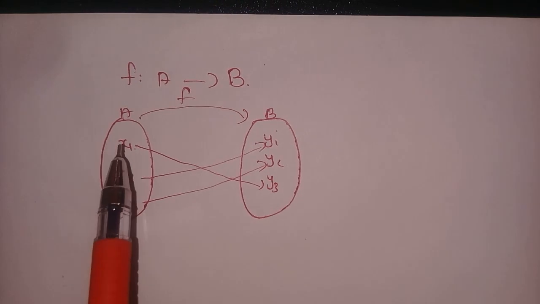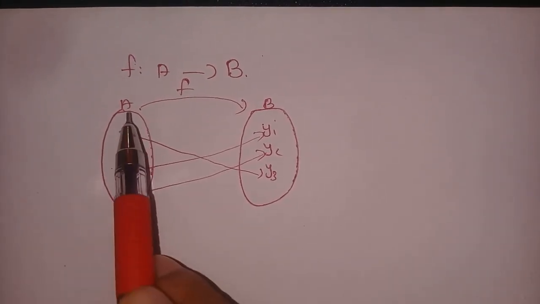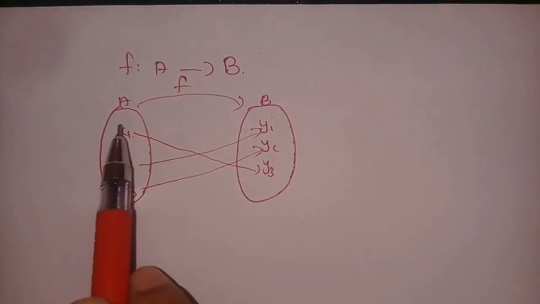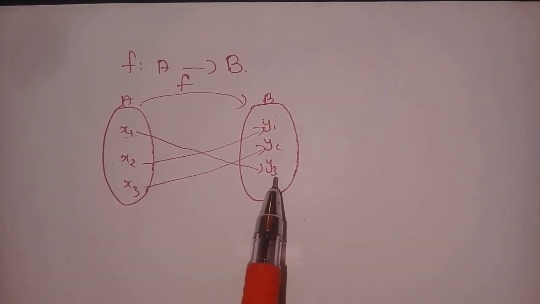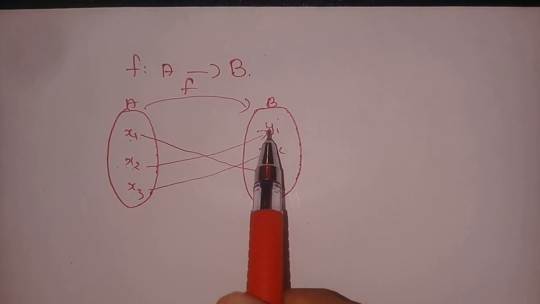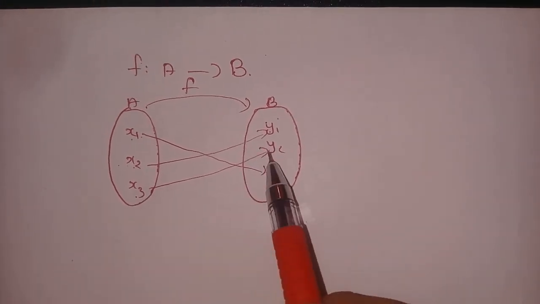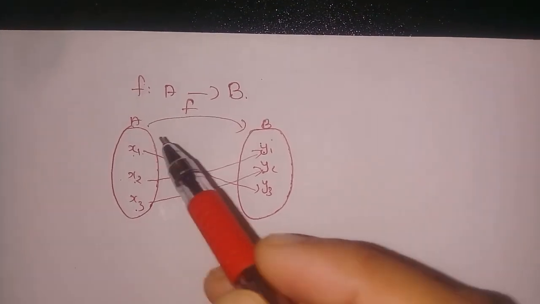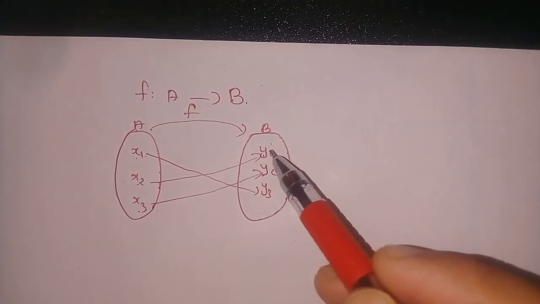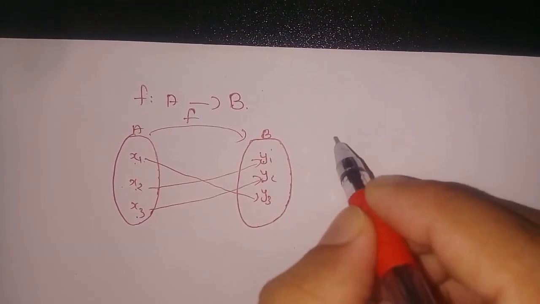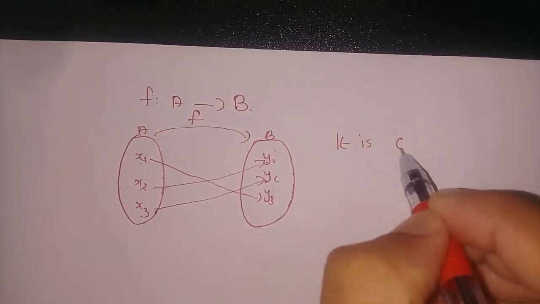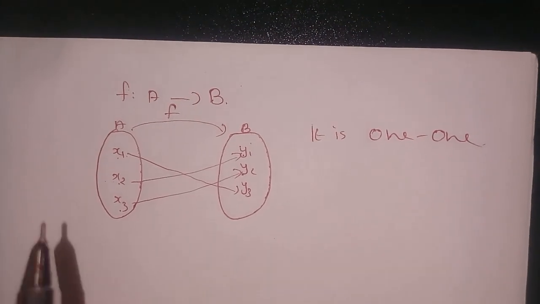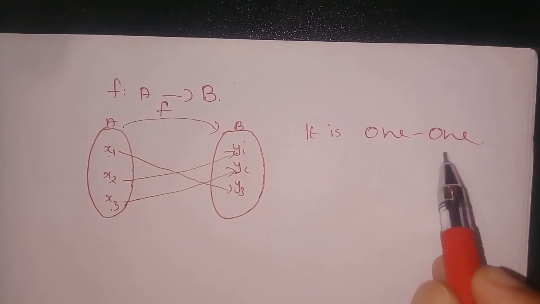Because in the domain, different elements have different images, isn't it? x1 has only one image, that is y3. x2 has one image, y1. x3 has one image, y2. Different elements in the domain have different images, so it is one-one, isn't it? So the given function is a one-one function.